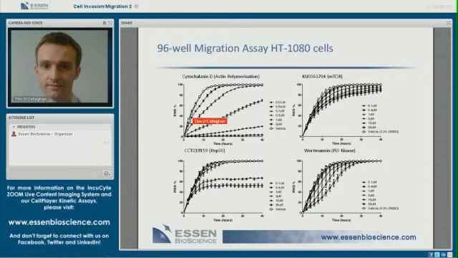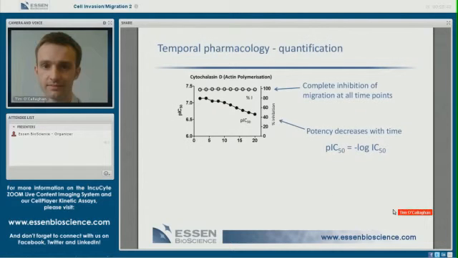And we did this by creating concentration response curves for each time point of the time course. And from these concentration response curves, we generated measurements of potency using a pIC50 measurement, and also a maximal inhibition for each time point.